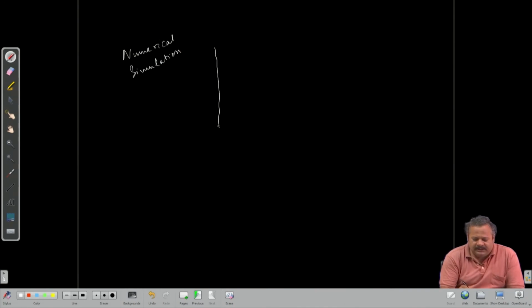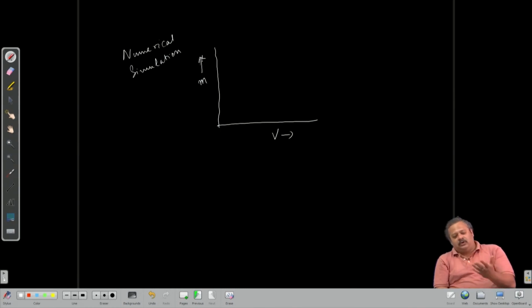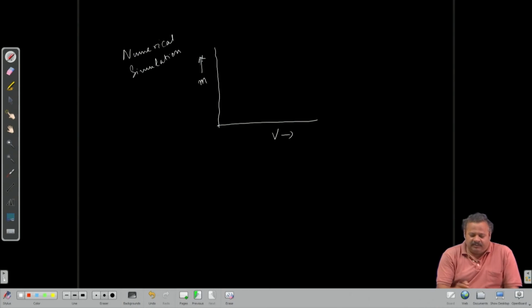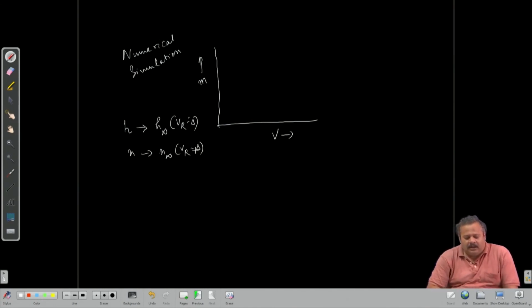So, let us say we have this as V, and we are considering another state variable, in this case N. Since we are looking at threshold crossing phenomena, again we will have M as our other state variable, and as discussed in the previous slide, we are keeping H fixed at H infinity of V R minus delta, and N is fixed at N infinity of V R minus delta, which are their steady state values at the end of the current clamp.